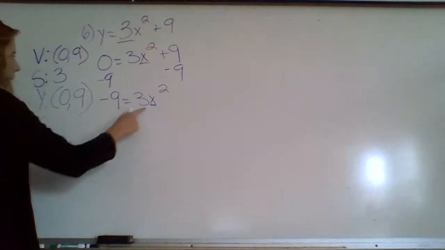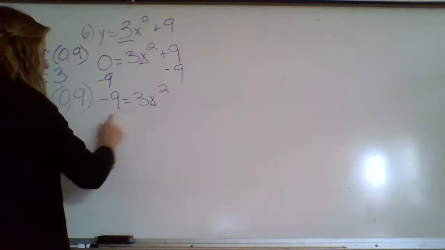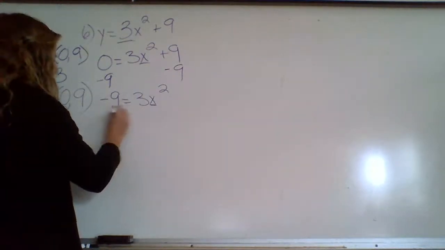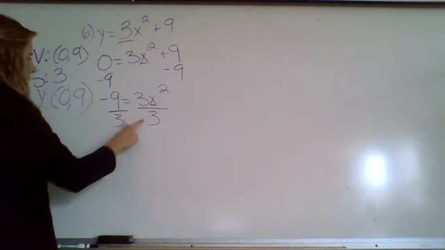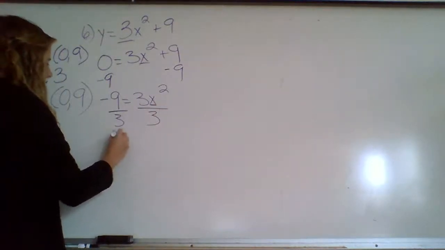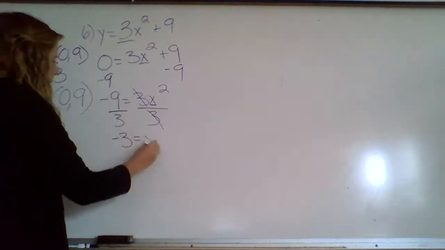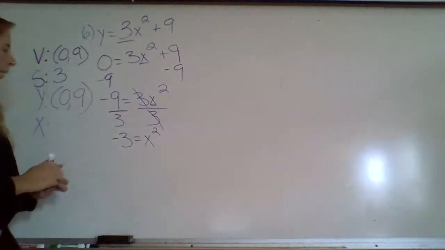So we're going to divide both sides by 3. Negative 9 divided by 3 is negative 3 equals, these cancel each other out, so you're just left with x squared. X squared equals negative 3.